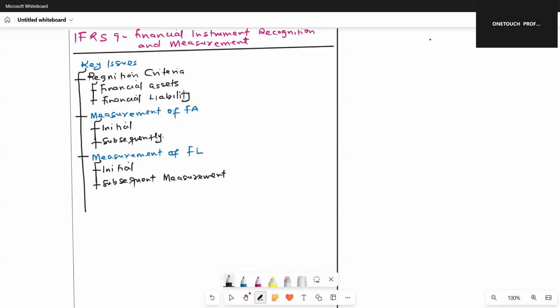But my whole idea is on the first one, recognition criteria. That's the basis for everything. If the recognition criteria is wrong, if you give a wrong classification to the asset, automatically everything you do there will be wrong. So I don't mind if the remaining 3 hours is used to explain only the recognition criteria, so that when you see a particular financial asset, you're able to identify it. It's very, very important.